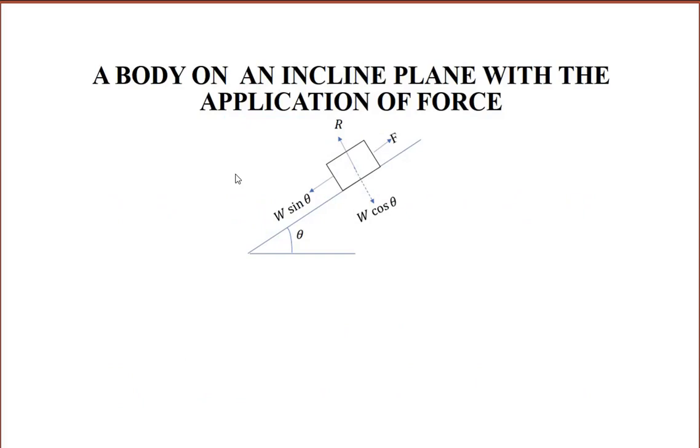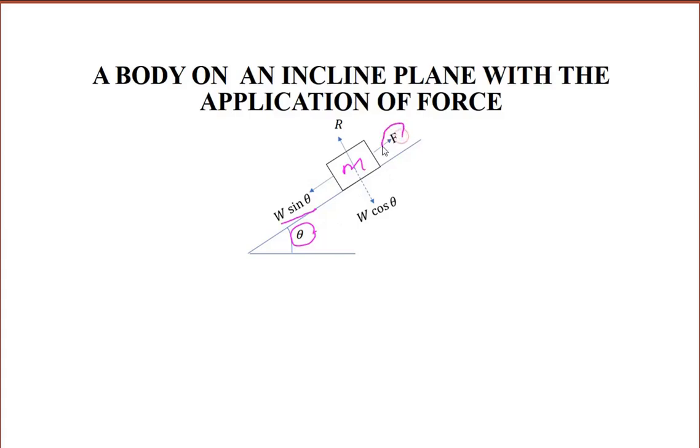Let's say that we have a body of mass m placed on an inclined plane with an angle theta. The force parallel to the plane tending to move the body down is W sine theta.